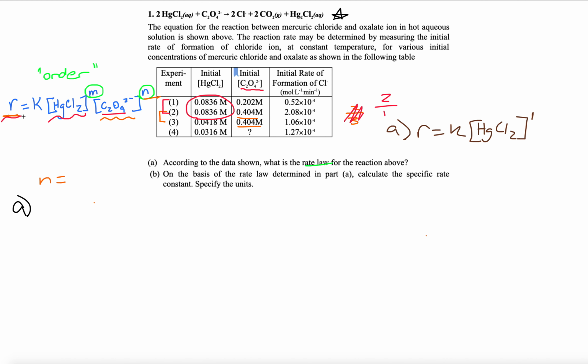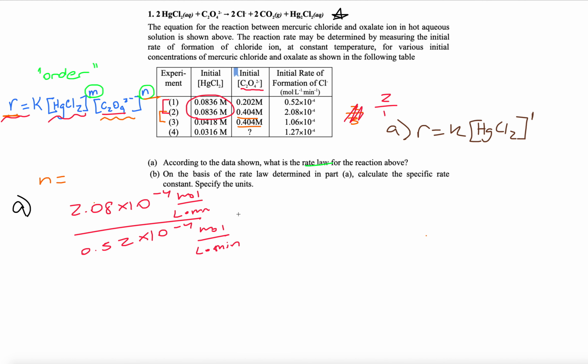So let's start with our R. For our R value, 2.08 times 10 to the negative 4 moles per liter times minutes, divided by 0.52 times 10 to the negative 4 moles per liter times min, equals the K value, also the K value on the bottom, and the HgCl2 is just 0.0836 M to the first, because we know m is 1.